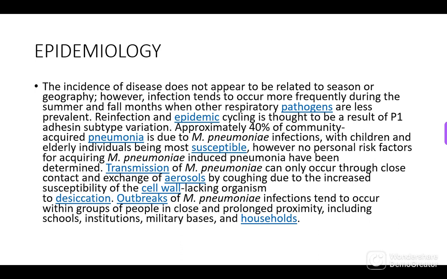I mean, in the overall atypical pneumonias of the community-acquired type, 40% are thought to be caused by Mycoplasma pneumoniae, although they are misdiagnosed. Children and elderly individuals are the most susceptible. Again, the same thing: the peak stages of life, the early life and the late life.